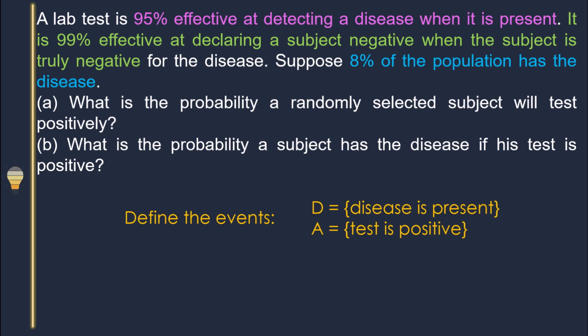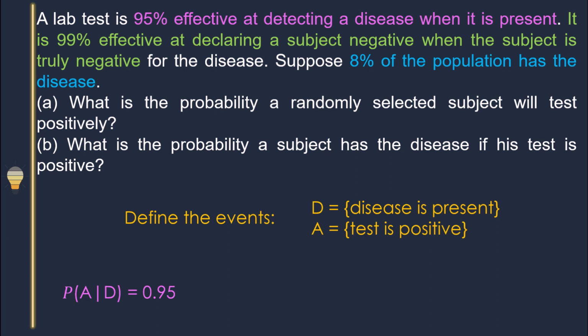But we have a condition. What is the condition? When it is present. So that means disease is present, so D is the condition. Therefore, this becomes a conditional probability. How do we write this? We can write probability of A given D equals 0.95.